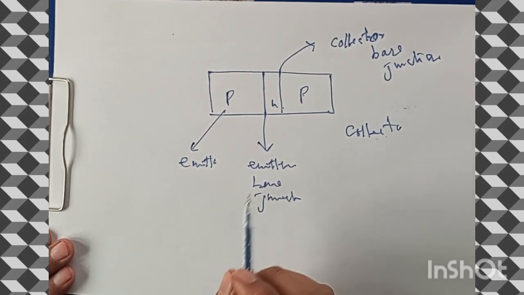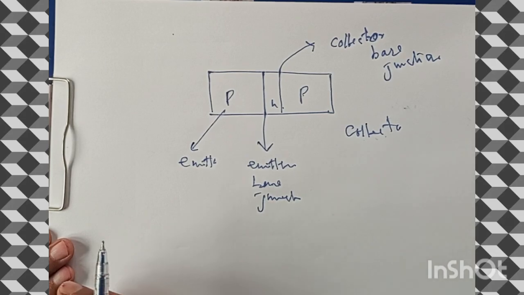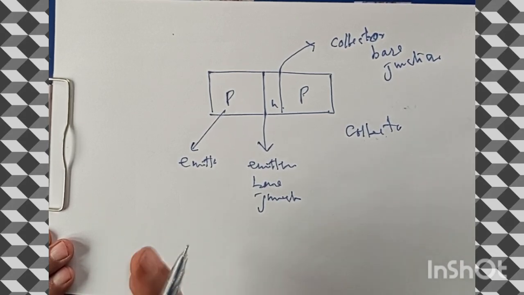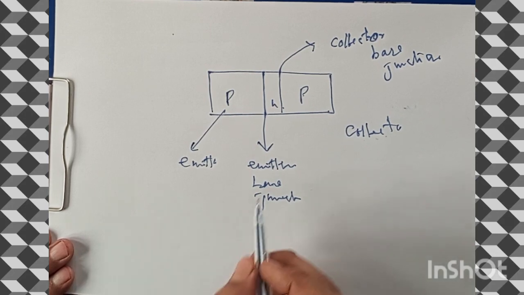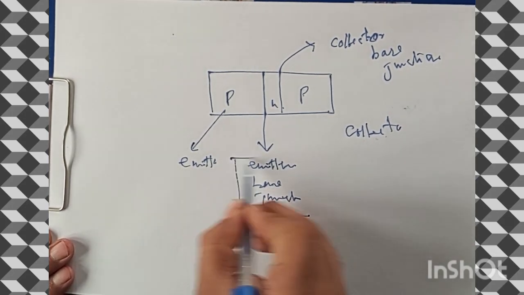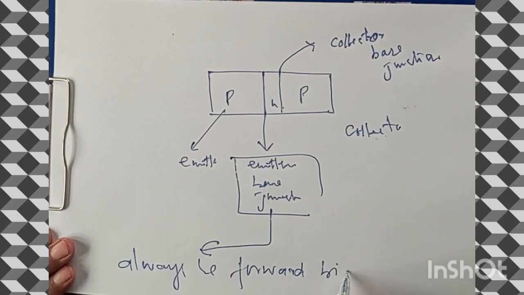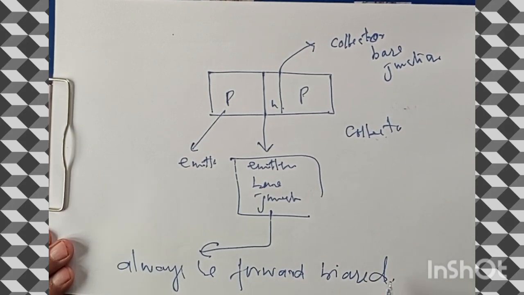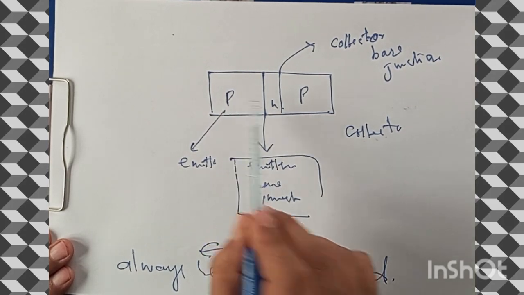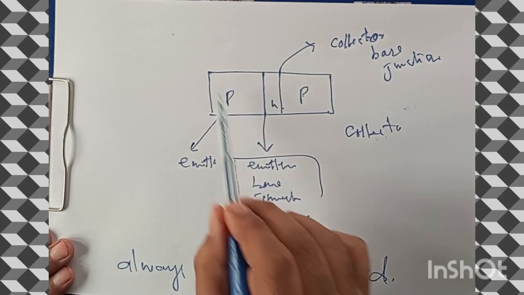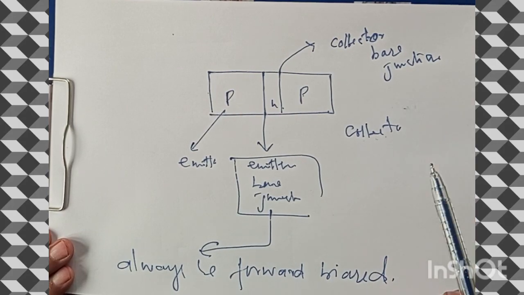Now, what is the necessary condition for this transistor to be properly biased? The emitter-base junction should always be forward biased. And we can see it exactly resembles a PN junction; this whole thing is made up of two PN junctions.